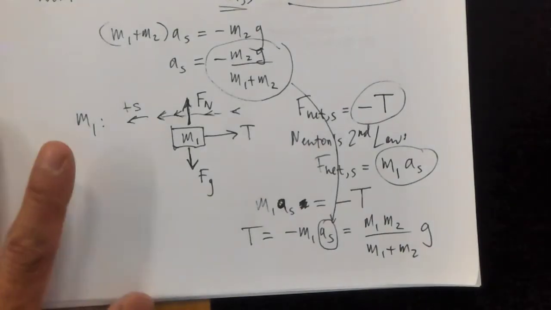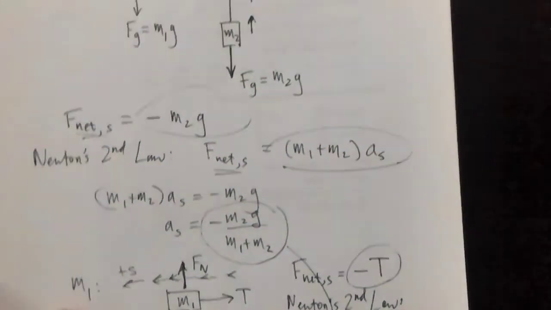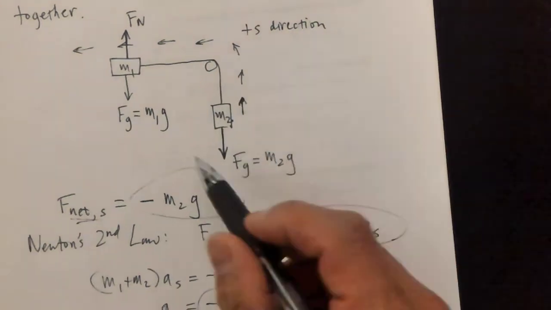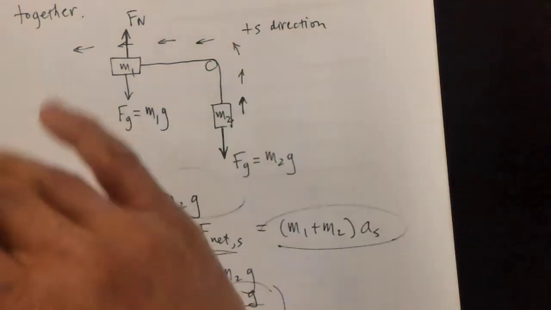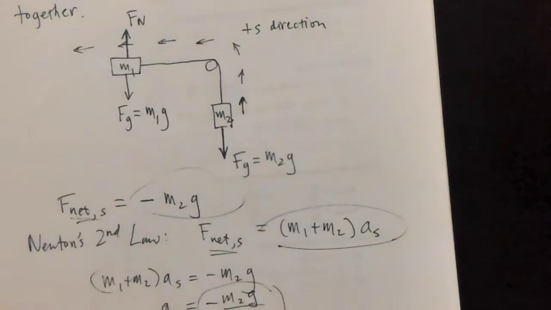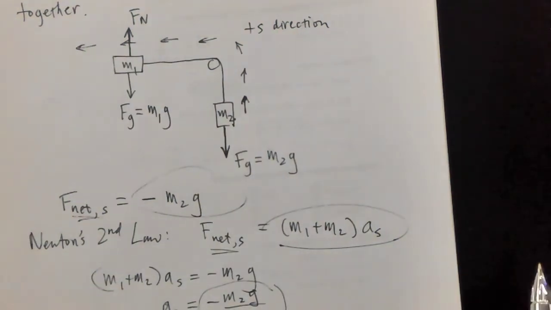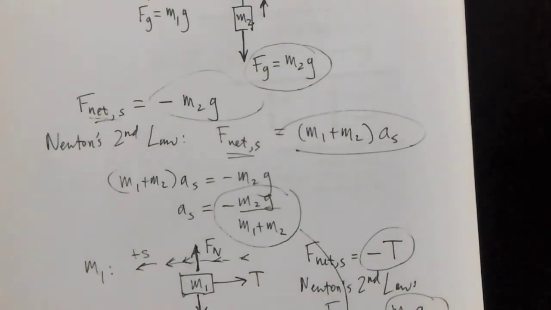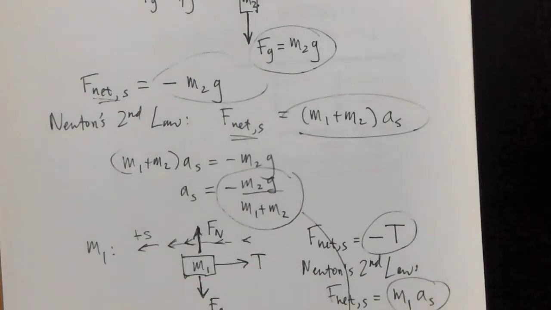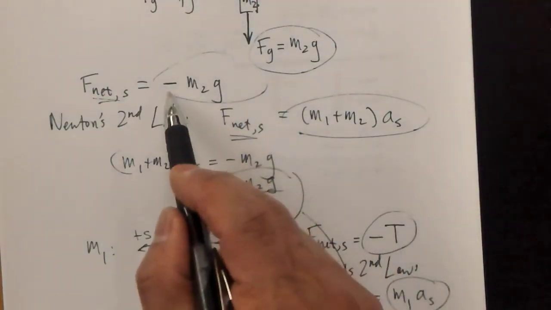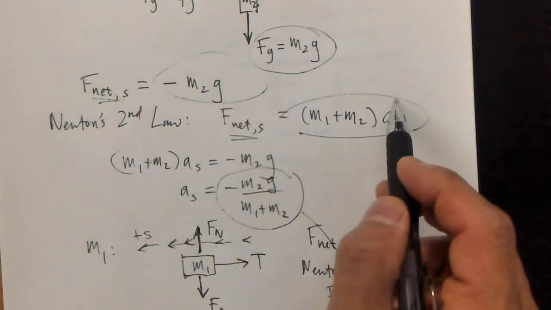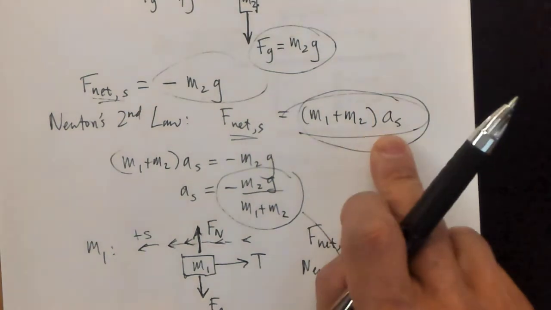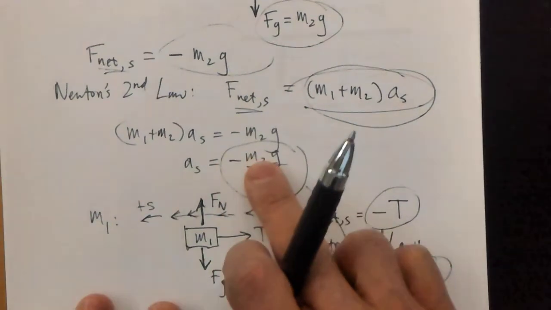So to review, we took this positive s direction and considered both masses together. These forces here cancel each other. We didn't have any components in the positive s direction. And then we just have the force of m2, the hanging mass. We have the net force, which is minus m2 g. By Newton's second law, that's equal to the sum of the masses times the acceleration. So we solved for the acceleration.